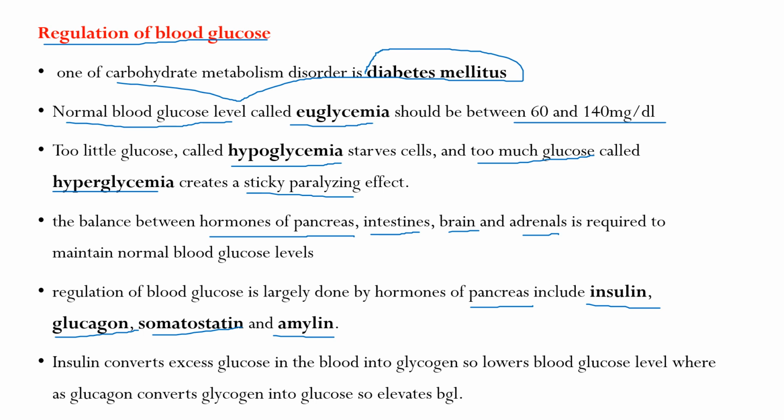For example, insulin converts excess glucose in the blood into glycogen, and this glycogen is stored in the liver and muscle of the body. So insulin lowers the blood glucose level, whereas glucagon helps to convert glycogen to glucose, and it helps to elevate the blood glucose level.